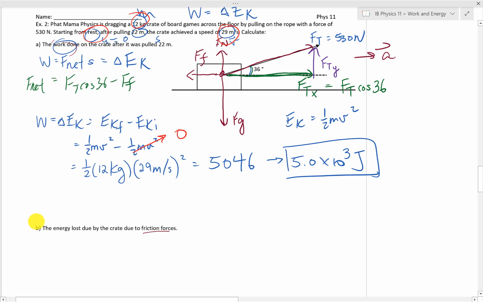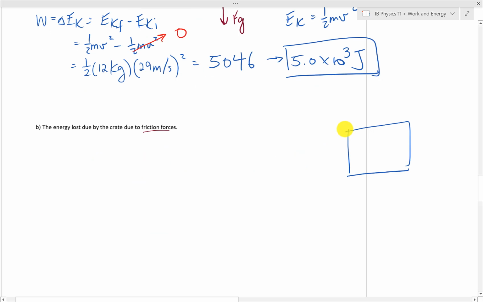Next up, we have B, the energy lost by the crate due to friction forces. Okay, so that's pretty tricky here. But let's think about this a little bit. If we think of this box as our system, the work that is put in due to the tension force, which I'll write as sub T, is going to cause this box to accelerate forward.